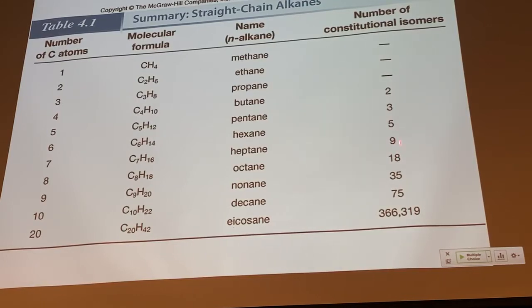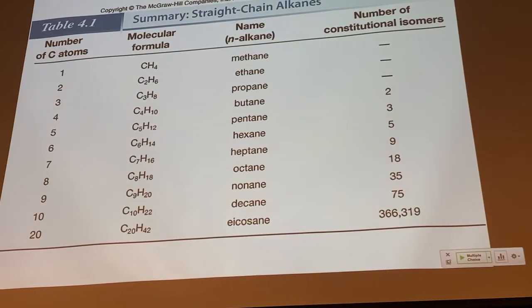You can see that the numbers escalate pretty quickly. There's no formula that allows you to figure out these numbers, so we're not going to really be worried about that too much. Just note that the number of constitutional isomers does go up quite a bit as you add additional carbons. But the important thing about this table are these names, okay?